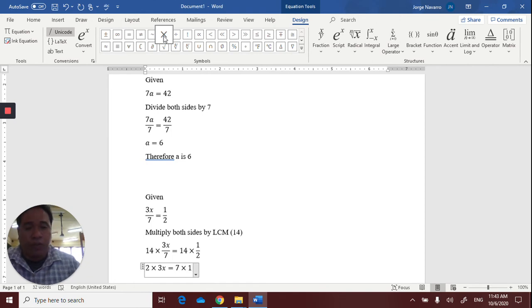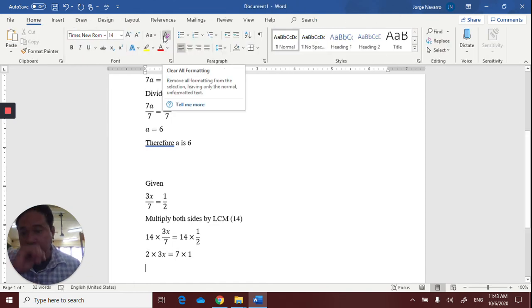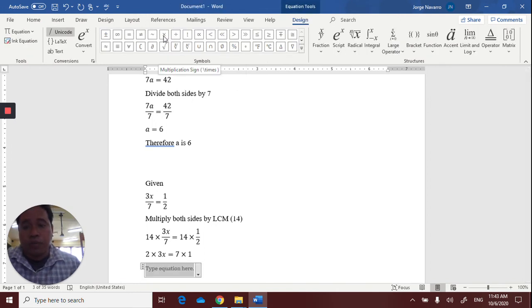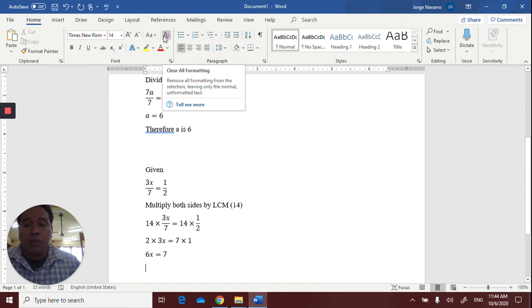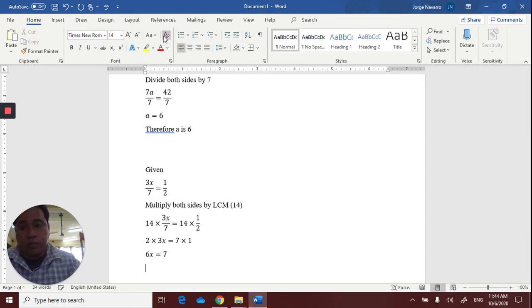We have completely gotten rid of the fractional part, and so we can continue. So 2 times 3x is 6x, which is equal to 7, because 7 times 1 is obviously 7. Now the opposite of multiplying is dividing, and we have 6 times x, so we will have to divide both sides by 6.